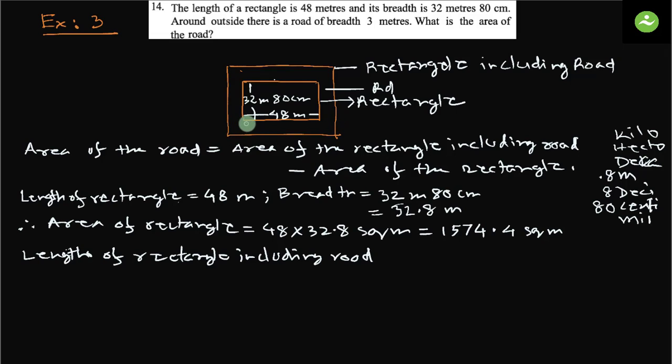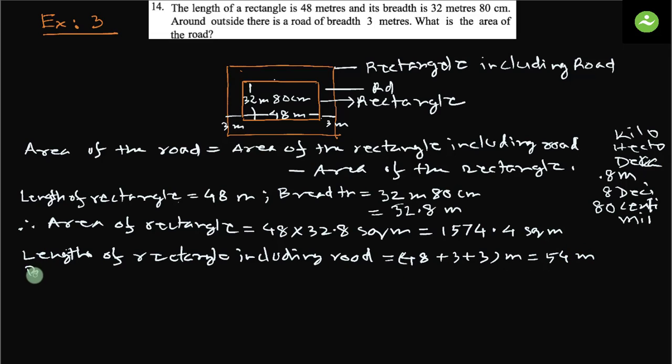The length is 48 meters plus 3 on the right side and 3 on the left side, because they said the breadth of the road is 3 meters. 3 and 3 is 6, 48 plus 6. Length equals 48 plus 3 plus 3, which is 54 meters.